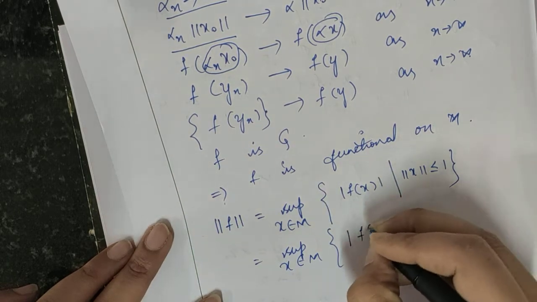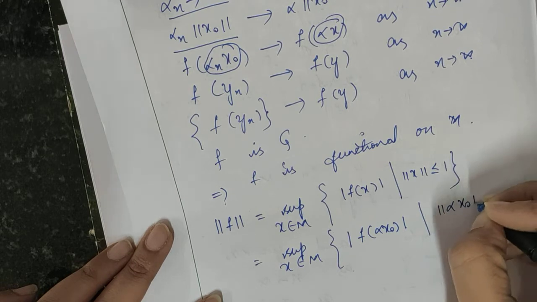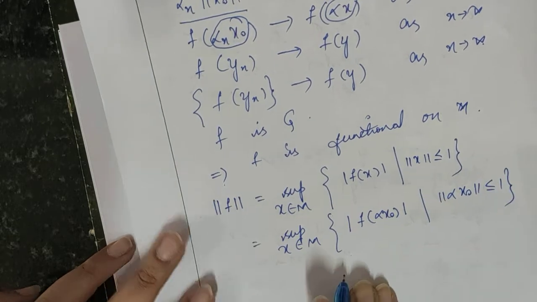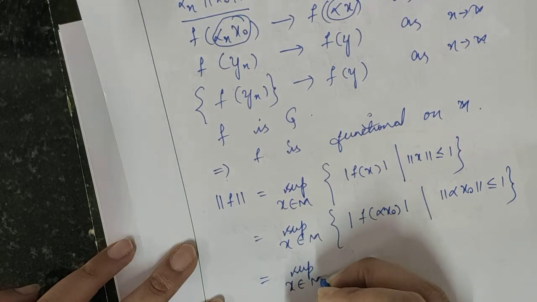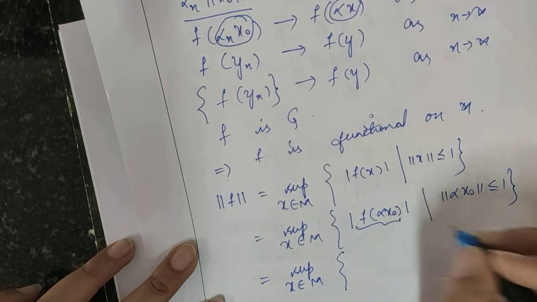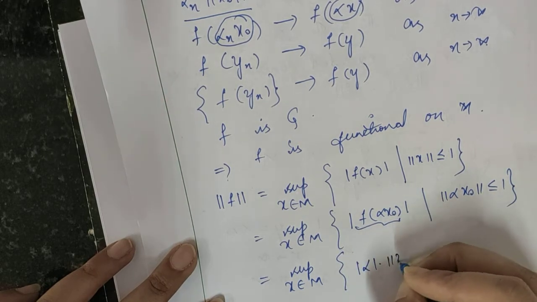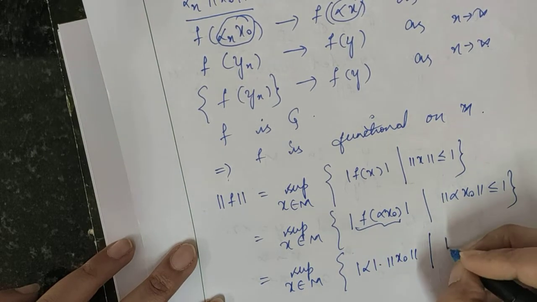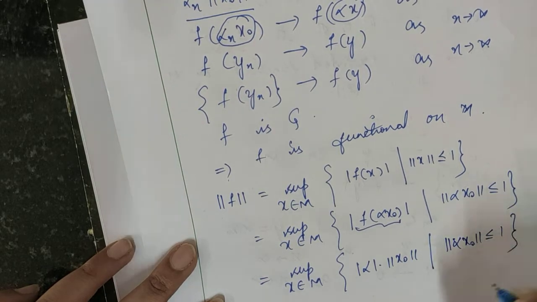So this will be f of alpha x naught such that norm alpha x naught is less than or equal to 1. Since alpha is a scalar, we know that f of alpha x naught is nothing but mod alpha into norm x naught such that norm alpha x naught is less than or equal to 1, right?